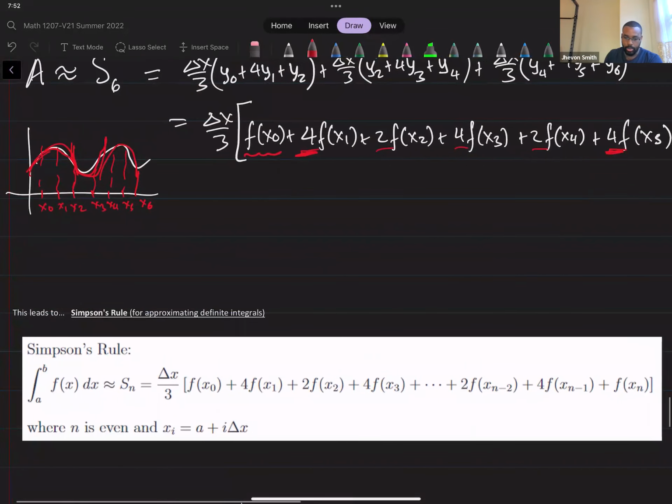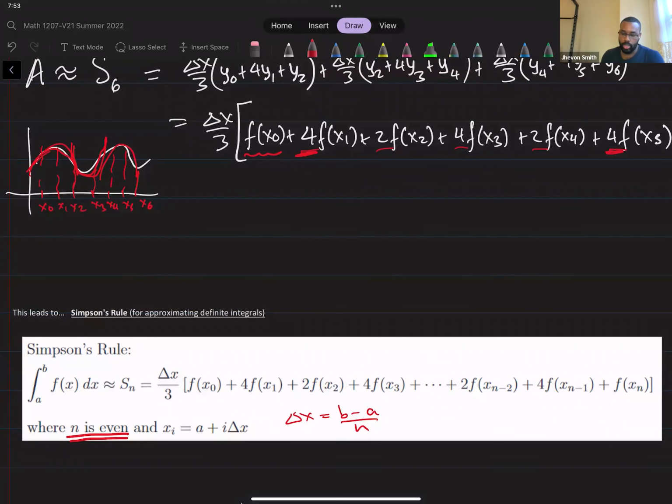So if you look in your textbook, that's what you would see for the formula there. And again, your delta x is b minus a over n. Also notice that your n must be even, because to construct a single parabola, you need 2 subintervals connected together to get those 3 endpoints to be able to construct the parabola.